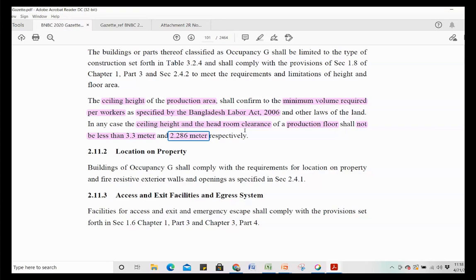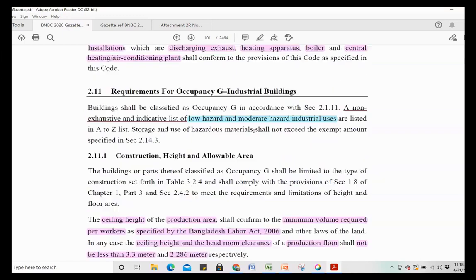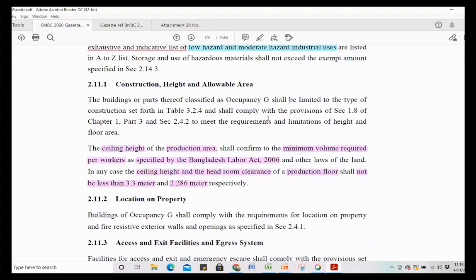So these are two basic guidelines about the height of a production floor for any industrial occupancy G.